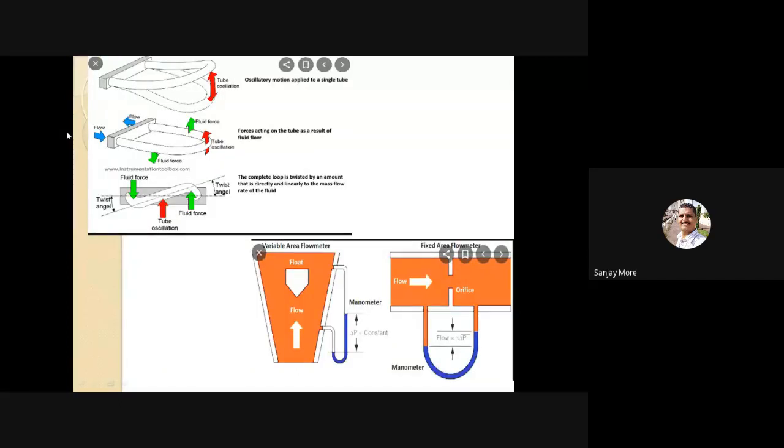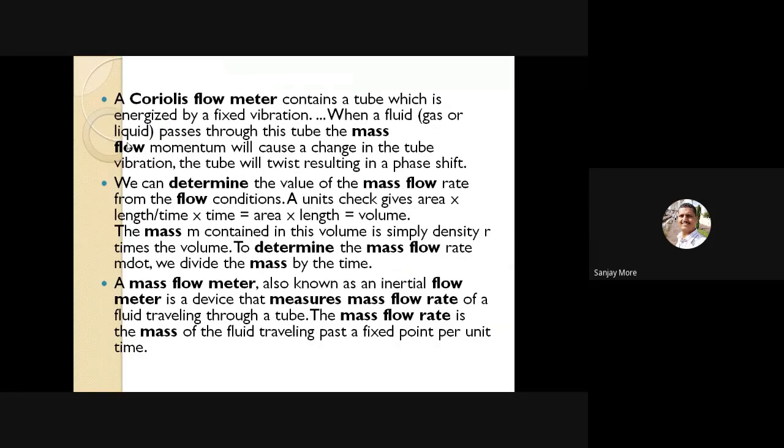To determine the mass flow rate with the help of that condition, the unit is area times length divided by time, into time, means you have to find out the volume.